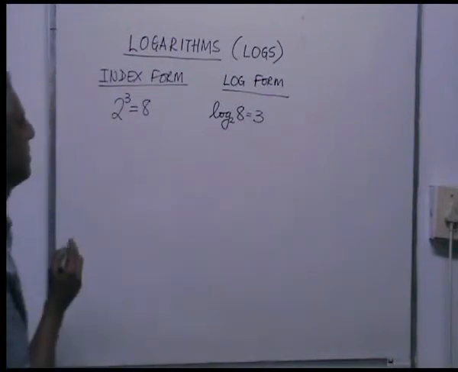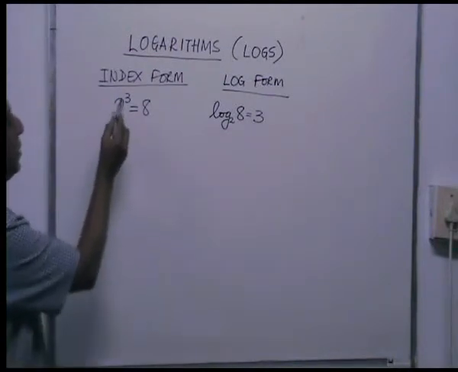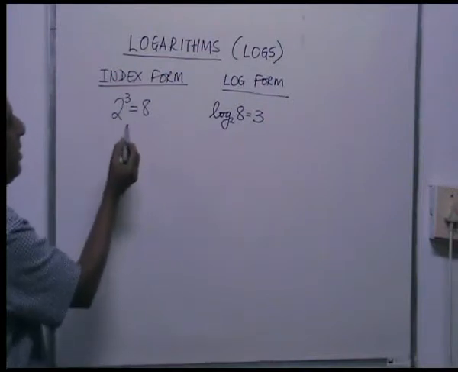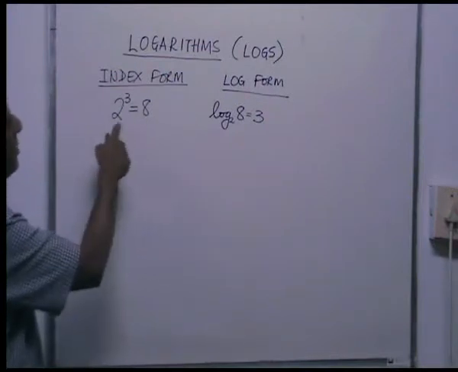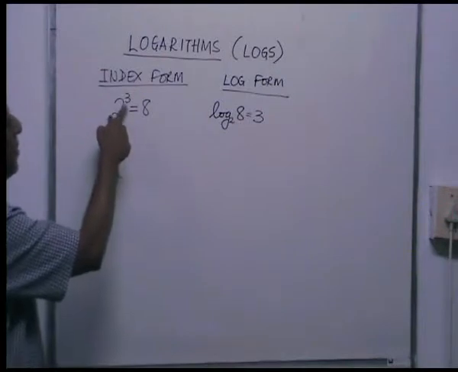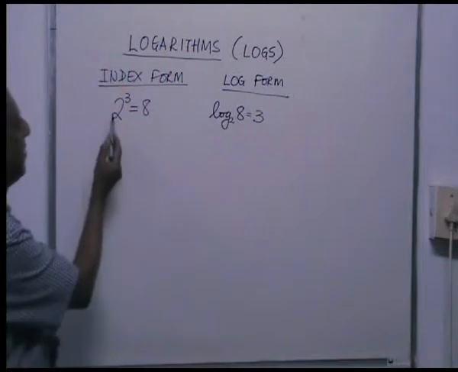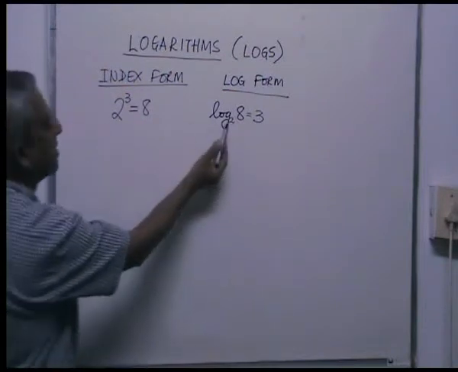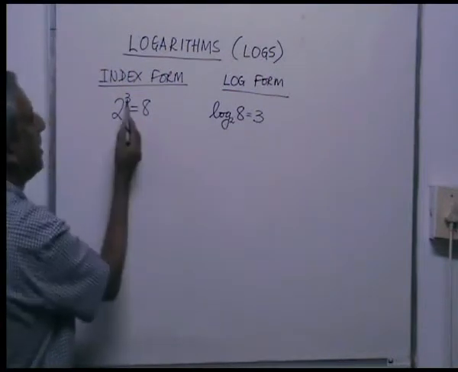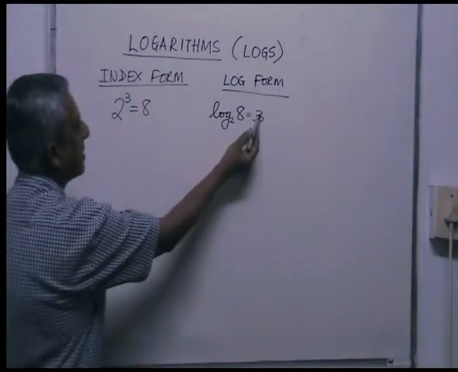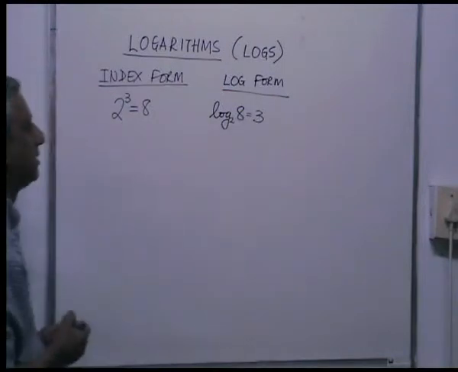Now note the difference. You have 2 cubed is equal to 8, so we say log of 8 to the base 2 is equal to 3. Here the base was large, but here the base is written small. Here the index was small, but here the index is written in normal size.